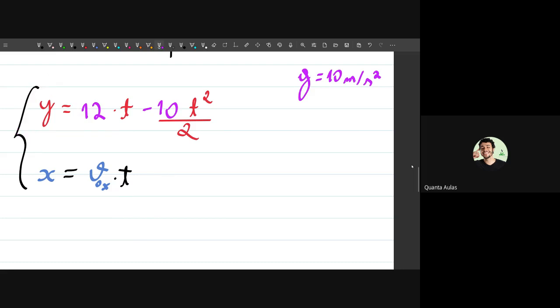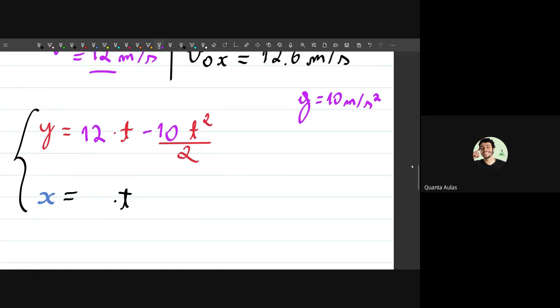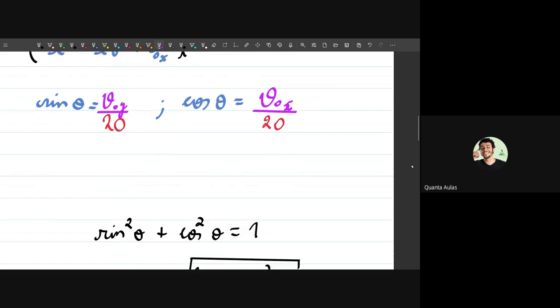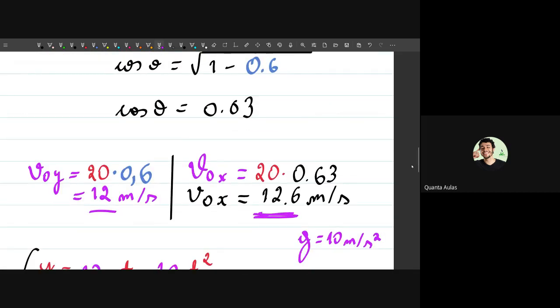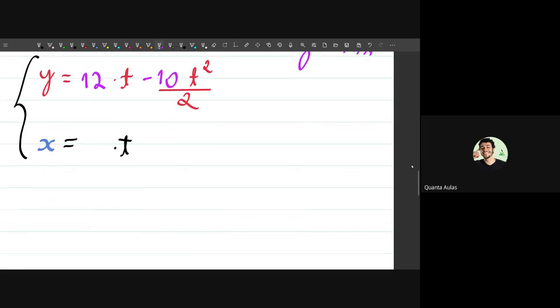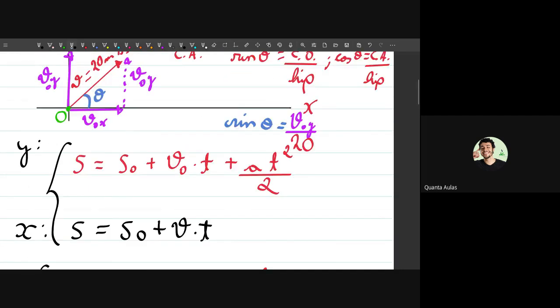And here we can put the velocity in x, you showed me 12.6. So, man, you need to memorize one thing. In the x-axis, in the horizontal, the velocity never changes, never. You can memorize this because we never have acceleration in this kind of problem, okay?